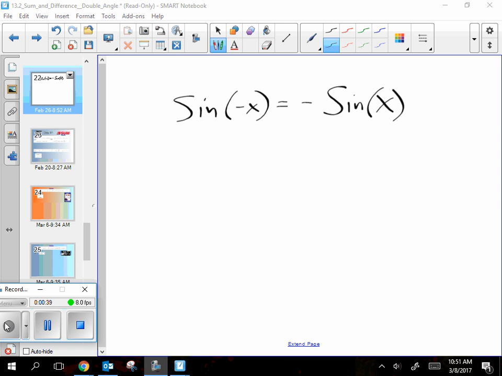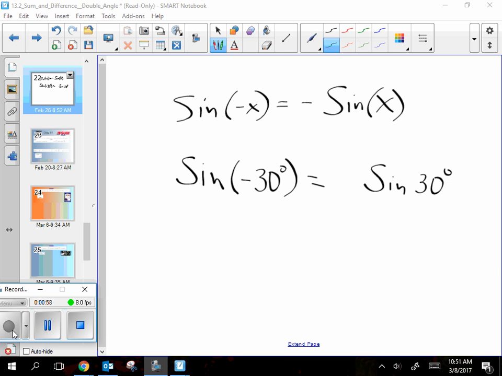So this identity is saying if I want to find the sine of negative 30 degrees, I could just find the sine of 30 degrees and then do what?